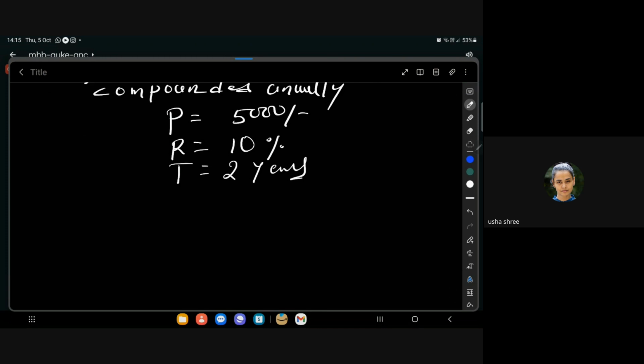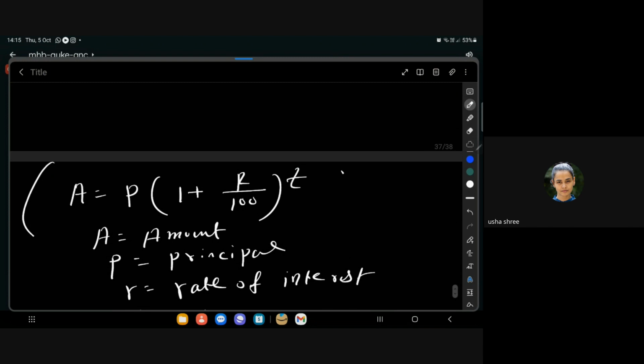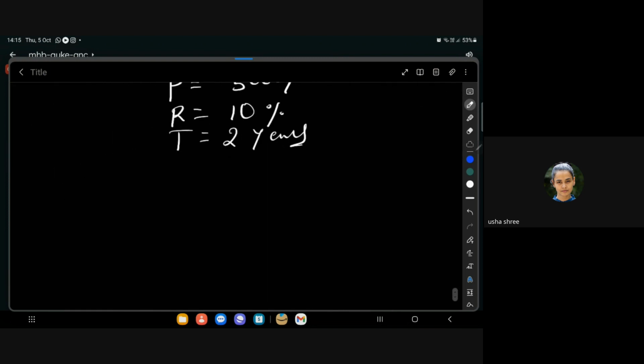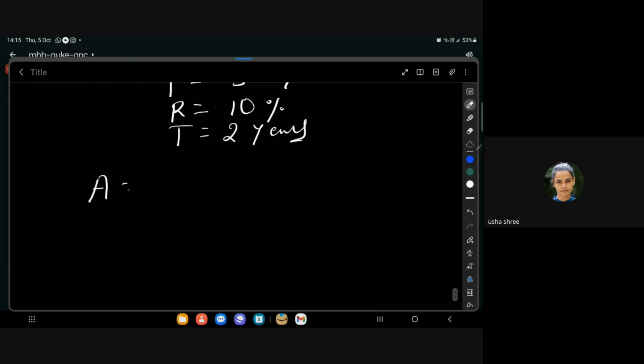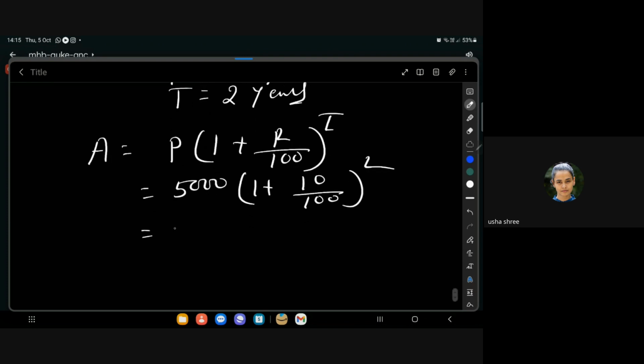Now what is the formula here? What is the amount formula? Amount equals P into 1 plus R by 100 to the power of T. P means 5,000. 1 plus R means 10 by 100, squared.